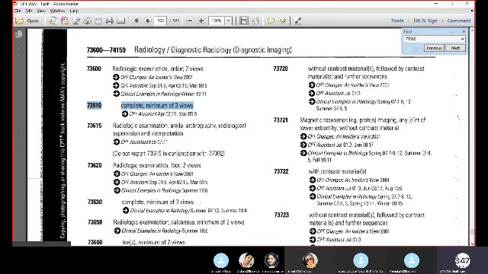What is the code? Without duplex Doppler documentation, what is the code? 76776 is with duplex Doppler, and without is 76775. Once again, 76775 without duplex, and with is 76776. So if you are reading that, with ultrasound 76776 below, you will come to know the answer for without duplex Doppler.